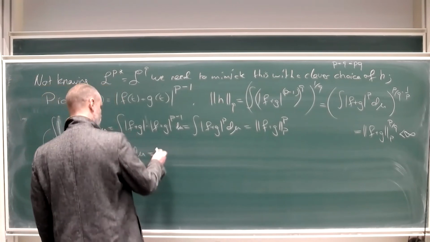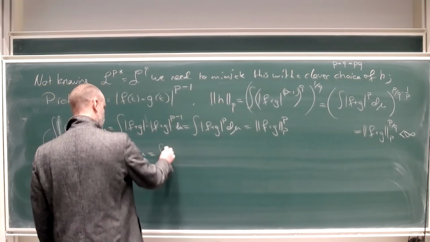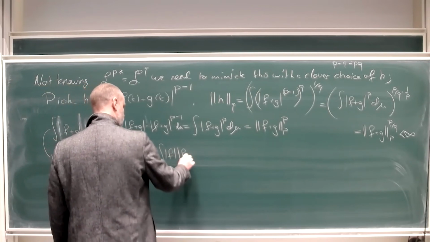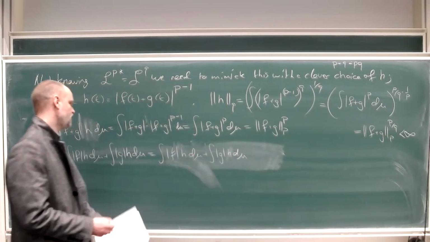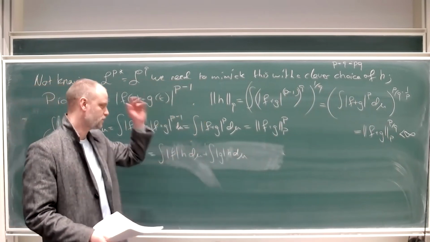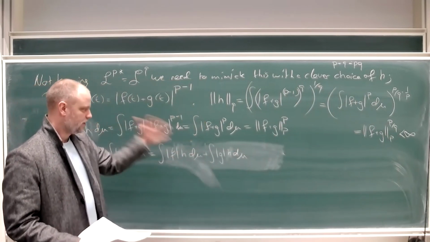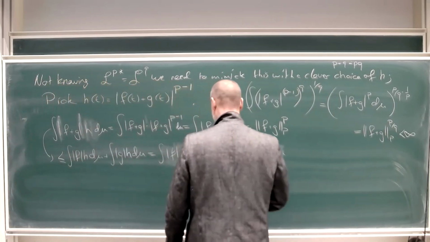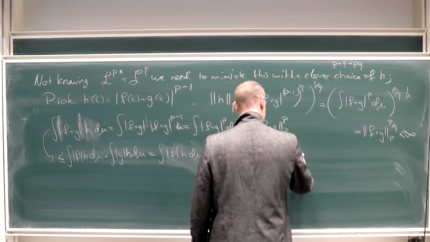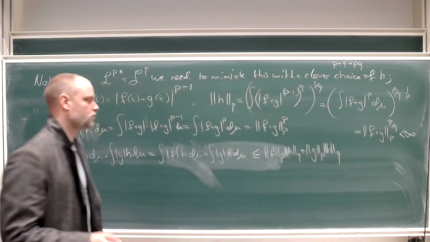What's the first one? Well, of course, I also need to get something decent out of this computation. So I get, okay, I'm going to keep the h here. I'm not going to introduce this f plus g to the p minus 1. Now, here we can use Hölder's inequality. Right.